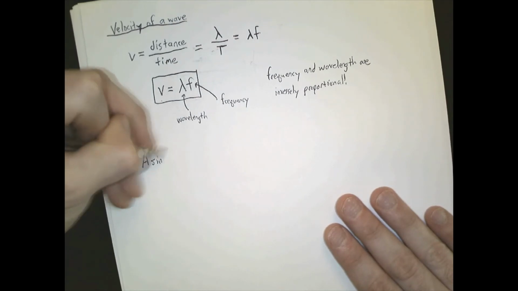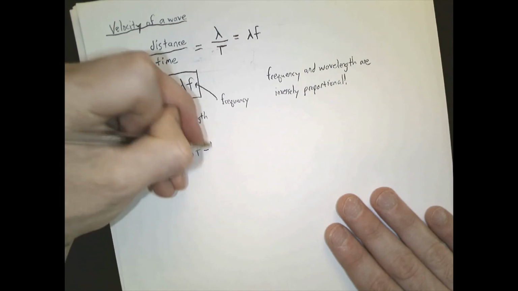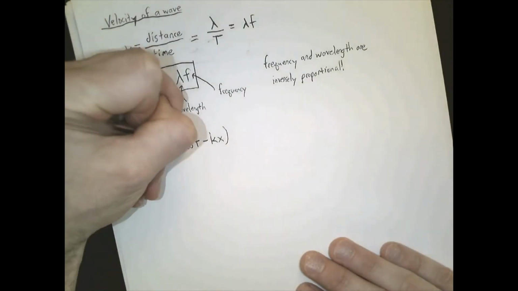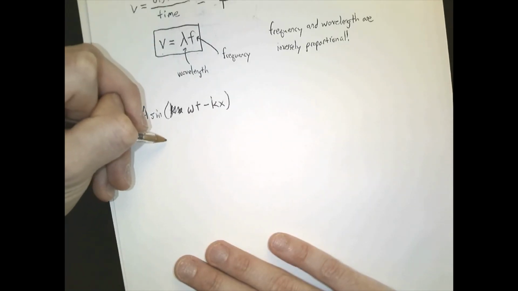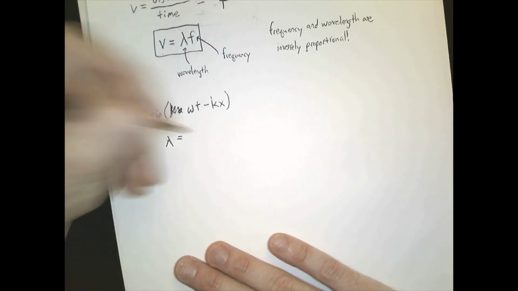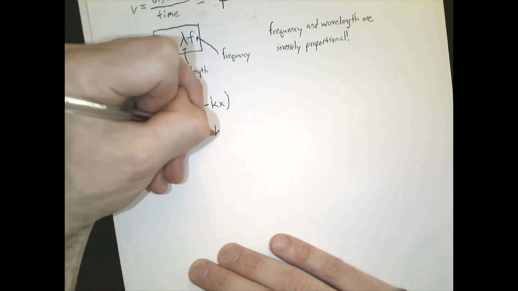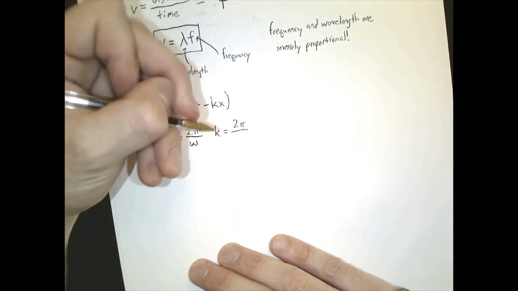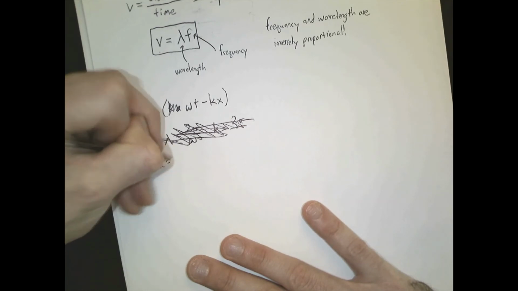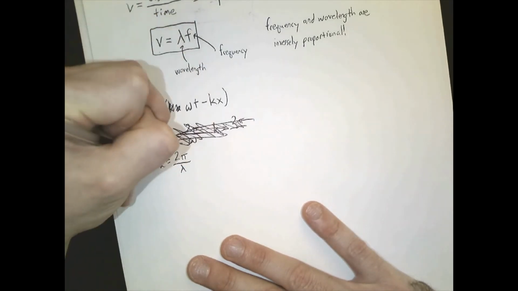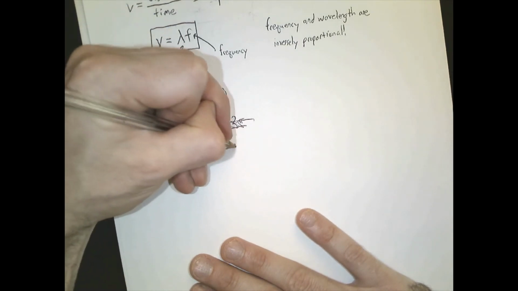Mathematically, if we have our function A sine of omega t minus kx, we can recall that k is 2 pi over lambda, and omega is 2 pi over the period.